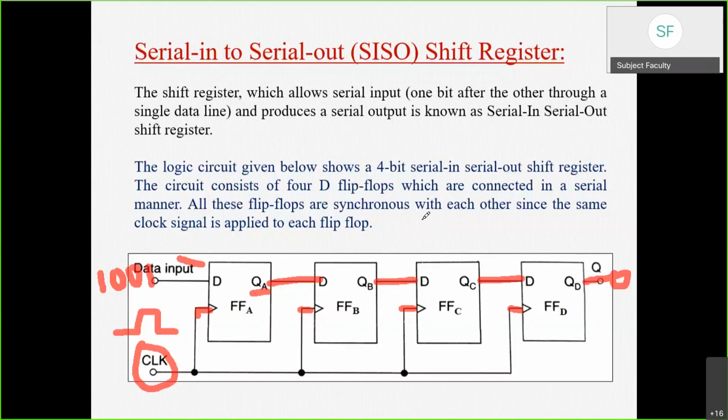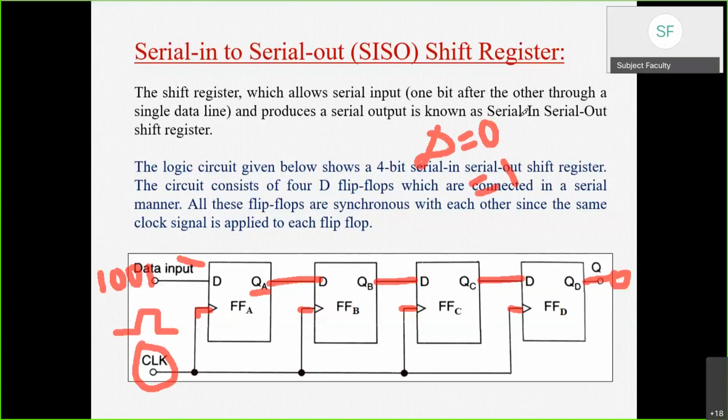Now, since we are using D flip-flops, you should know the working of a D flip-flop. Since there is a single input, a maximum of 2 values of D are possible. Either D will be equal to 0 or D will be equal to 1. What is the truth table for a D flip-flop?